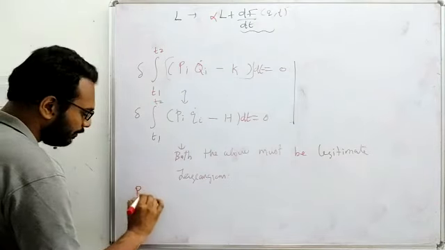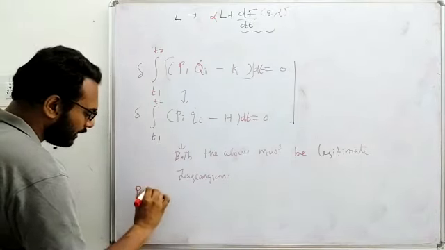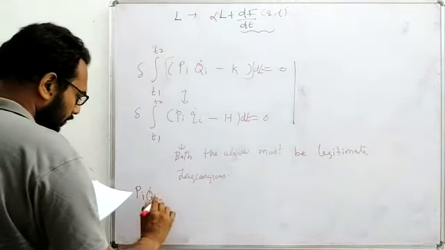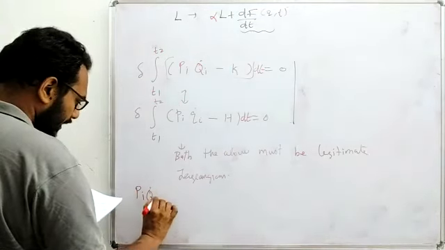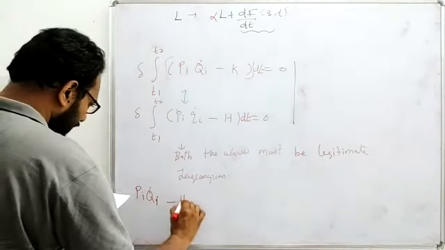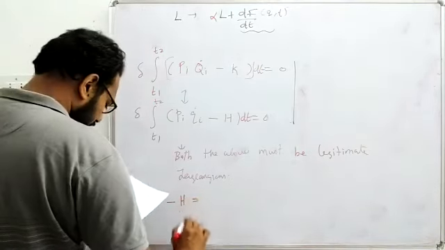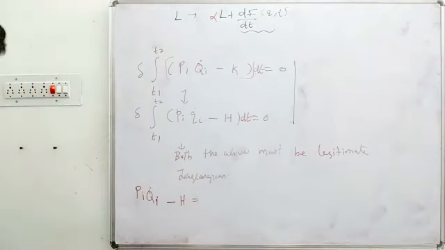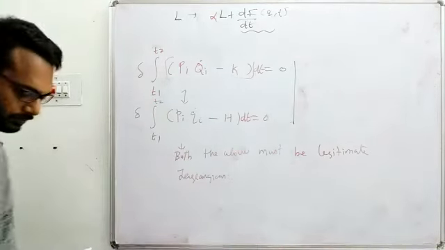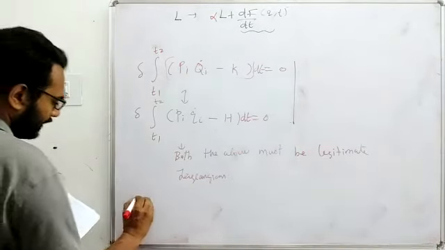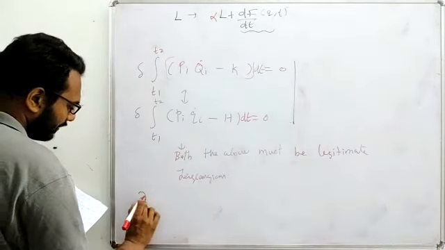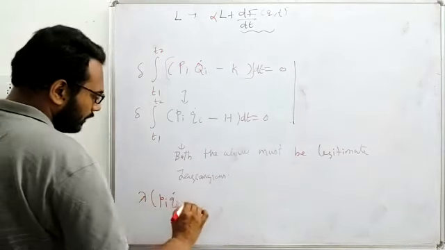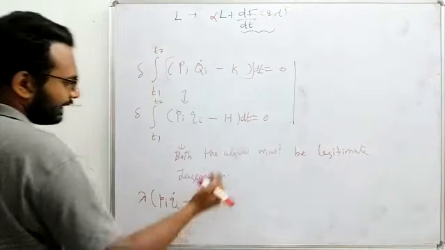This means that Pi Qi dot minus H has to be equal to, we can write it like this, this constant term I'll write here, lambda Pi Qi dot minus H. This is the Lagrangian.